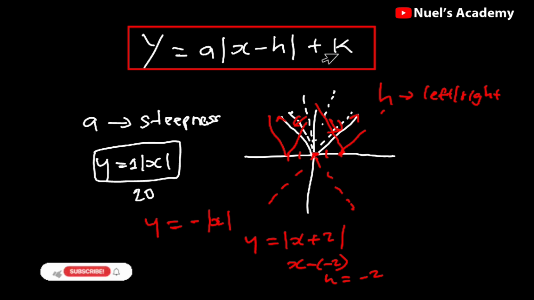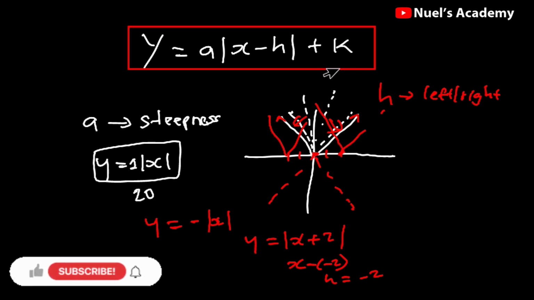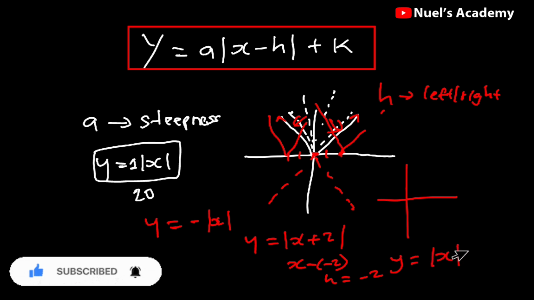Now let's discuss k. k moves the graph either up or down. When we have this absolute value function and the equation is, let's say, the absolute value of x, then plus 2, the graph is going to move 2 places up.